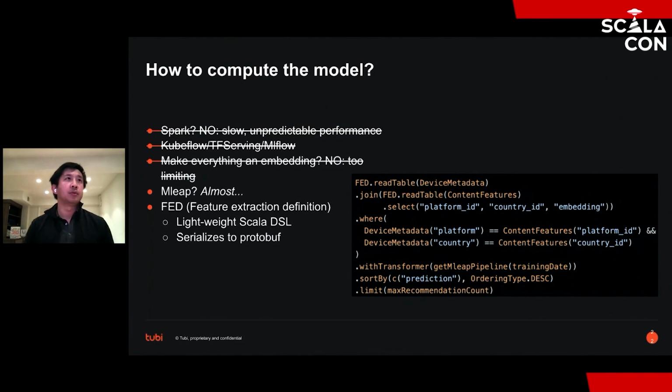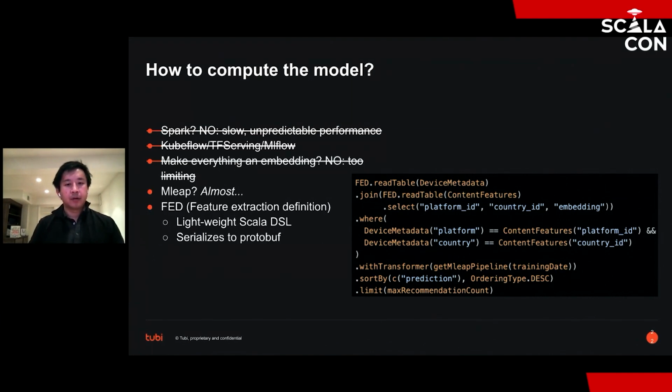Basically, the Fed is a lightweight Scala DSL that looks and feels a little bit familiar, like the Spark DataFrame API, and it implements a very, very limited subset of these data operations. The query, as defined by the Fed, serializes to protobuf so that we can write it in the Databricks notebook and then execute it online.